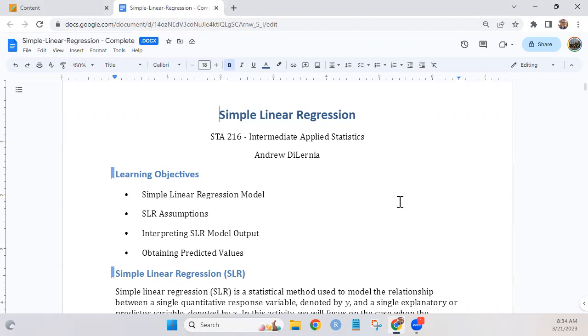All right. So simple linear regression is one of the most important methods this semester. In my opinion, the most important model and method we cover this semester. Actually, I think in all of statistics. A lot of different models and methods can be boiled down to a fancy way of forming a linear regression model.